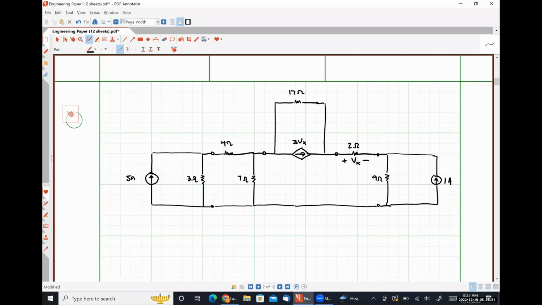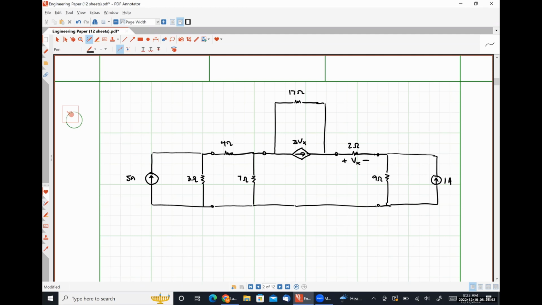How many nodes does this circuit contain? I believe it's 5 as well. How many meshes does this circuit contain? This is a little easier. Also 5.